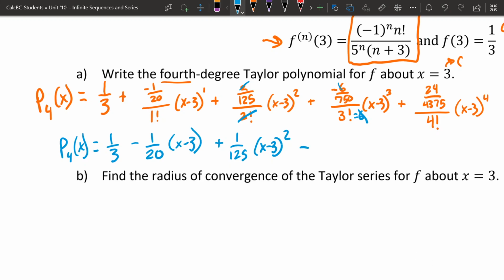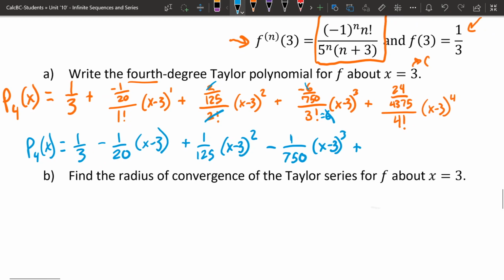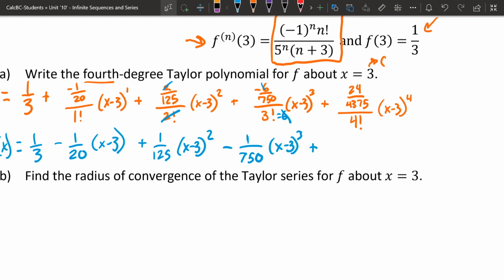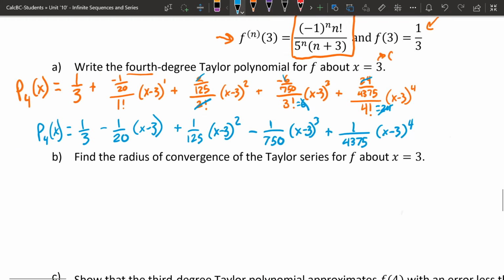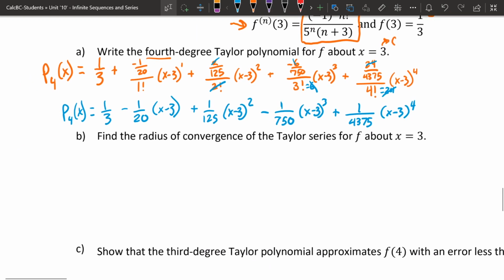This is subtraction though. We still have that 750 in the denominator, x minus 3 cubed. And 4 factorial is 24. So we're left with 1 over 4,375 times x minus 3 to the 4th power. So there's our 4th degree polynomial for f about x equals 3.